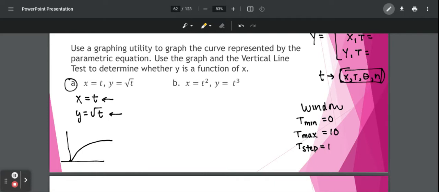For x, let's go -25 to 25. And for y, let's go -150 to 150. And so when you hit graph for that one, we get a graph that kind of looks like this, right? And so if we do the vertical line test, we find out that part B is not a function.